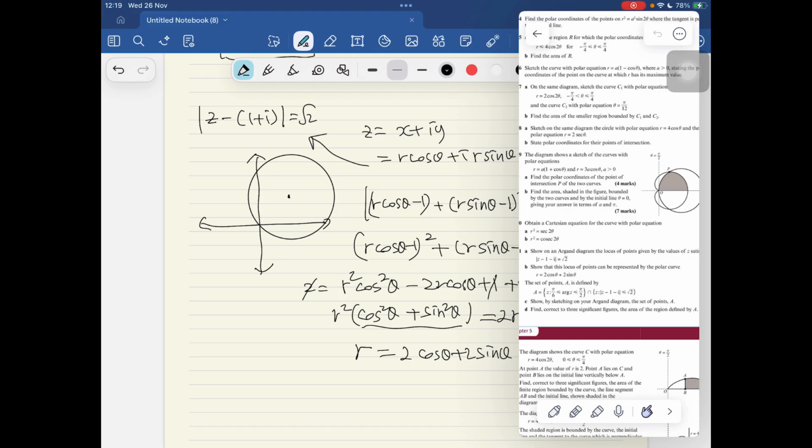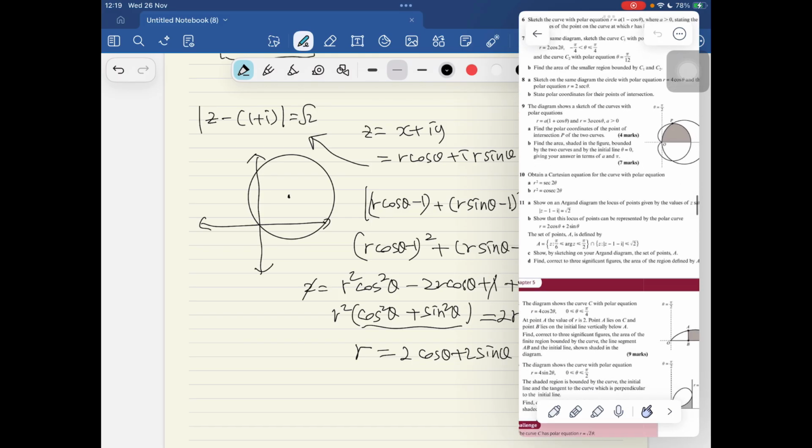Z is like that, so the argument of z is between there. Show by sketching on your Argand diagram the set of points A. So here it is inside of this circle, but only where the argument of z is pi over 6 to pi over 2.